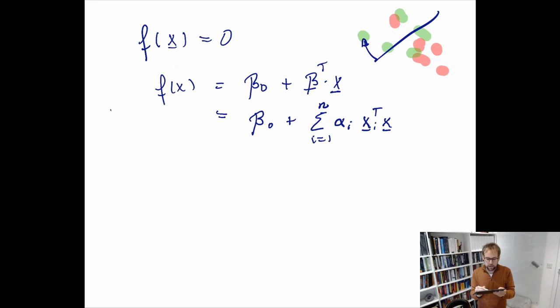So this is effectively my beta transpose, if you like. That's effectively what you can show mathematically, that you can write it in this way.